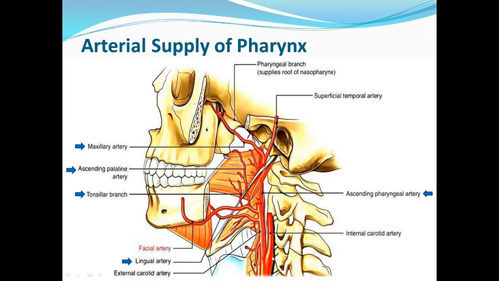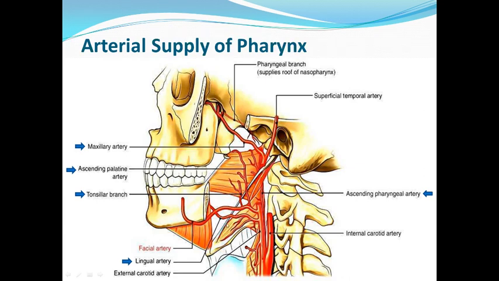Then we have the tonsillar branch and the ascending palatine branch. This is the ascending palatine artery, and this is the tonsillar artery. The tonsillar branch and the ascending palatine branch of the facial artery will be the second artery which supplies arterial blood to the pharynx. The third one will be the dorsal lingual branch of the lingual artery.